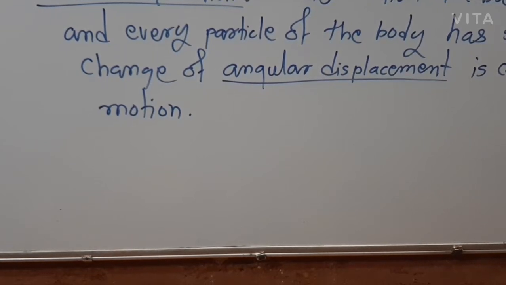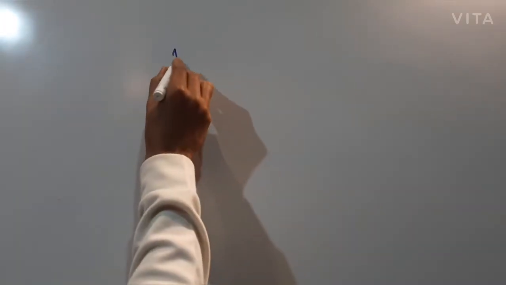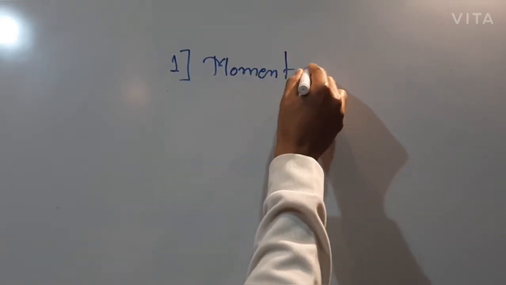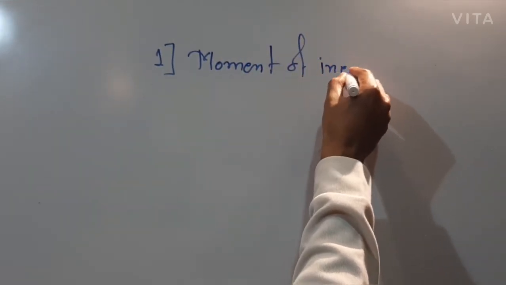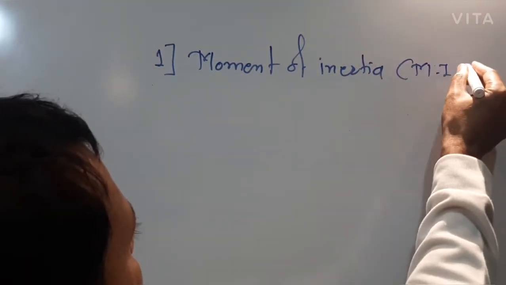So let us understand the first physical quantity, which is the moment of inertia. Write down the name of the first physical quantity: first, moment of inertia, in brackets M.R.